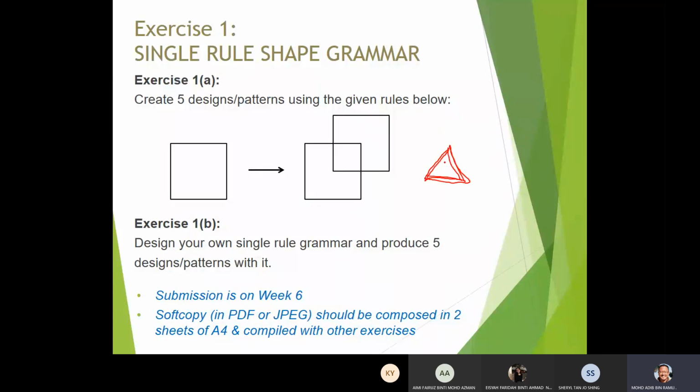So it doesn't matter how you look at it, you can apply the rule the same. If you look at it here, you can apply it to this side. If you look at it from this angle, when you apply the rule, you get different options. And if you look at it from another angle, you get a different possibility.